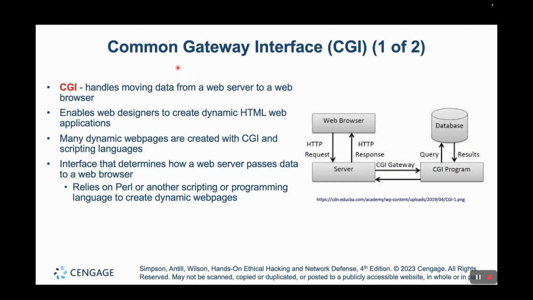Now, let's look at the Common Gateway Interface, CGI. Basically, CGI is one of the earliest methods of creating dynamic content on the web, and it has been largely outdated by more efficient and feature-rich technologies like PHP, ASP.NET, and even JavaScript frameworks. CGI handles moving data from the web server to a web browser.